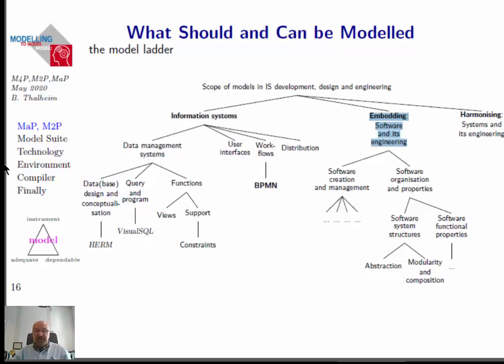That means information systems development, design, and engineering can already be based on such an approach, going from what we have learned in databases, workflow systems, web information systems, and distributed systems towards proper software and its engineering.